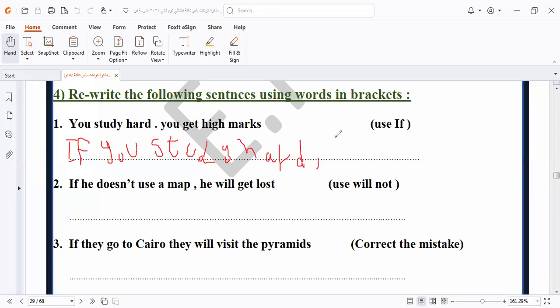You can write will as W-I-L-L, or make an abbreviation like this. You will get high marks.